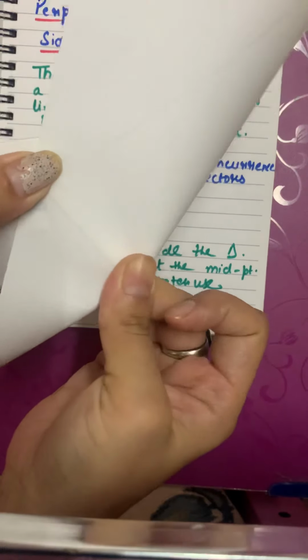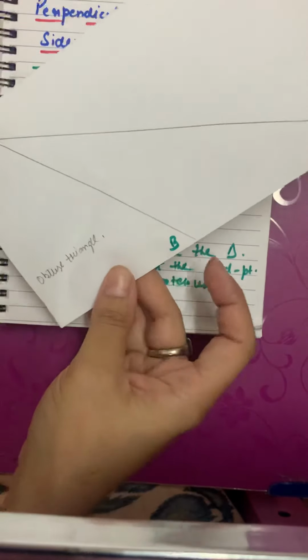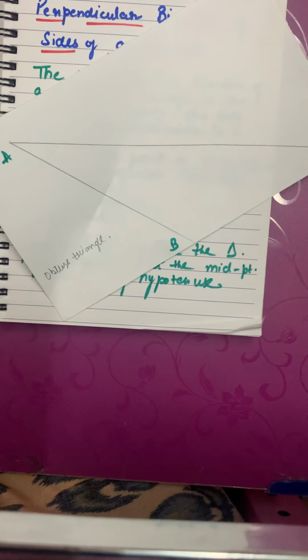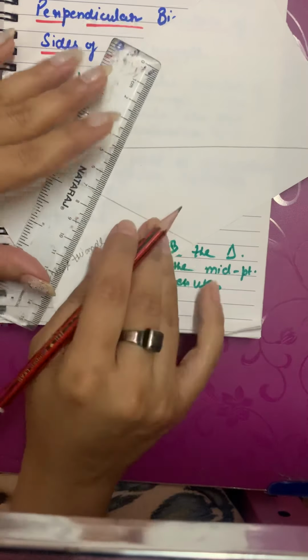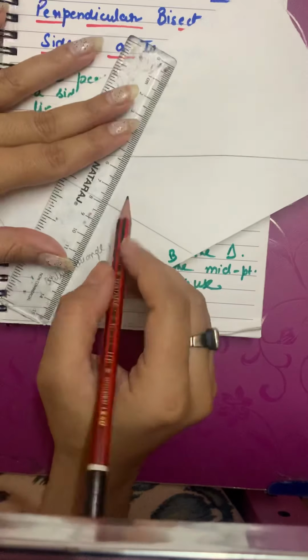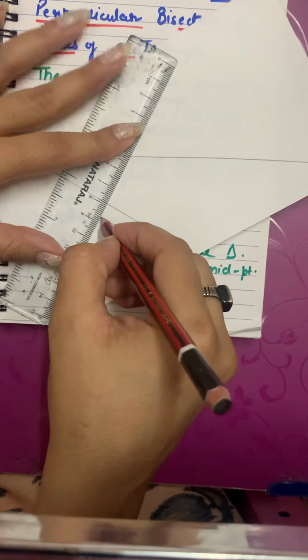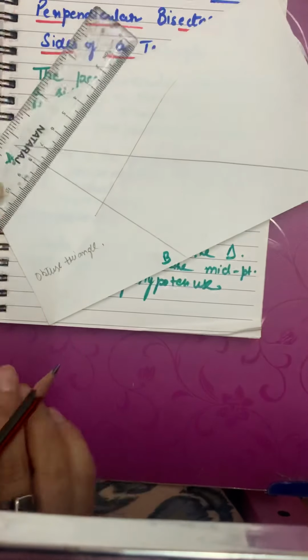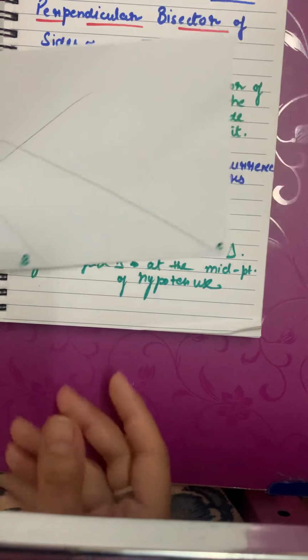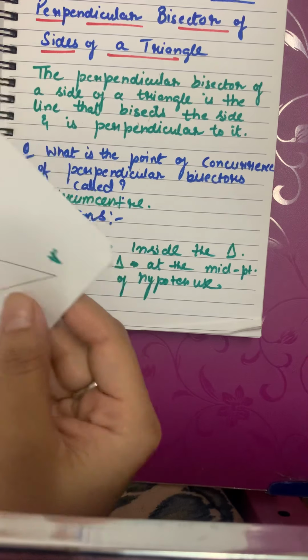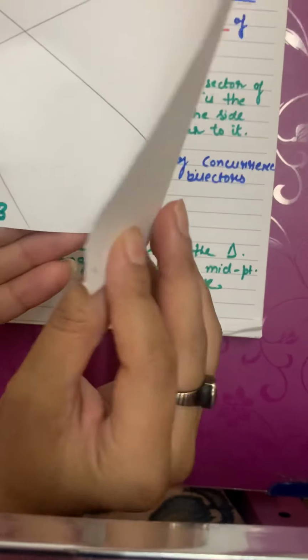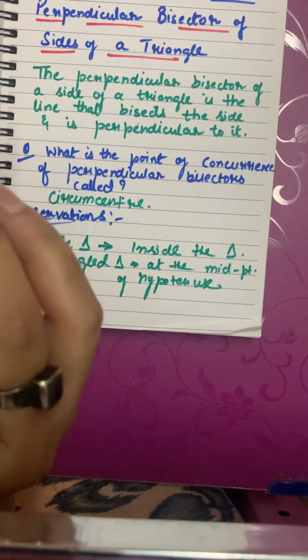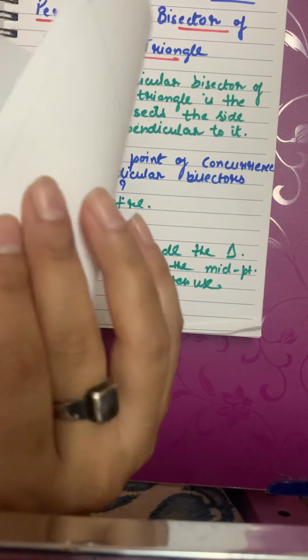This is my midpoint of AB. I'll draw a line just like this in the crease, a straight line like this.